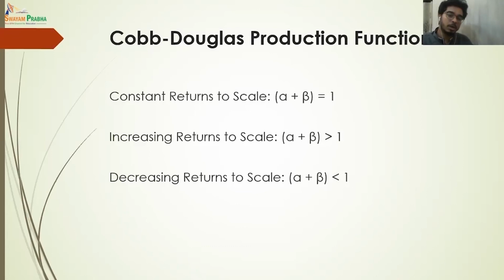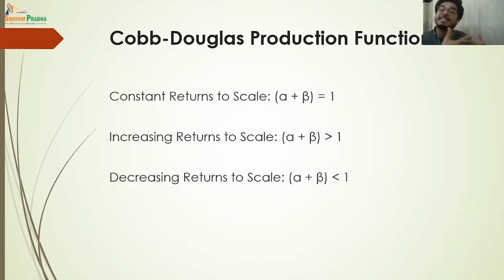What we observe is that they need to add to 1 for a constant return to scale. For an increasing return to scale, this output elasticity, so if you increase labor or capital, how much the output increases in an elastic condition, it will increase further, it will increase more.